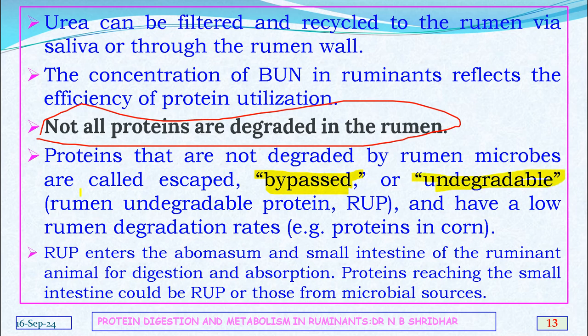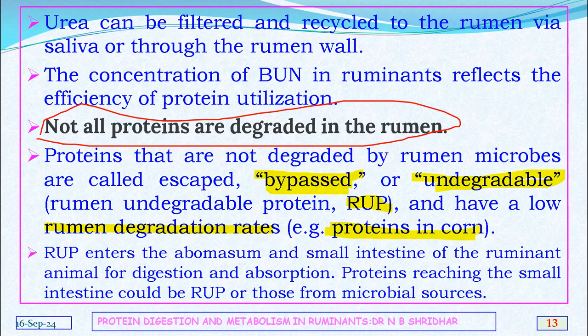Rumen undegradable proteins, or RUP, have very low rumen degradation rates. For example, the protein in corn is not digested in the rumen.